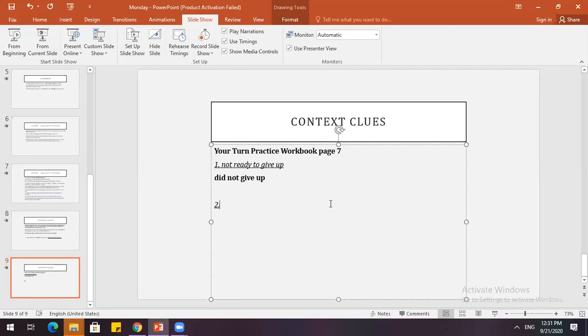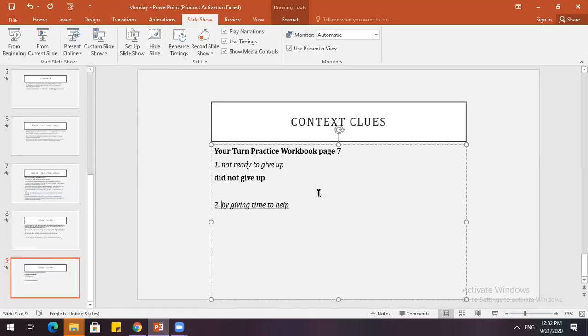So what do you think it means to volunteer? Volunteer to help build a home. All right, so what are we going to underline? What is our clue? By giving time to help. Excellent.